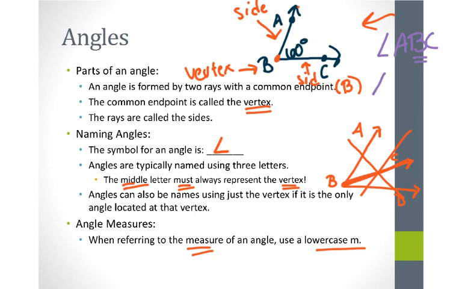I could also name it as angle C, B, A. It's just written in reverse order. Or I can name it angle B. Now, showing the measurement. To show the measurement of an angle, you would simply write lowercase m, angle A, B, C equals, and then the measure of that angle is 60 degrees.